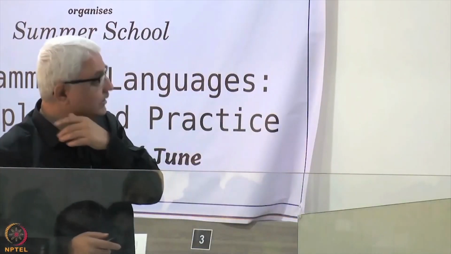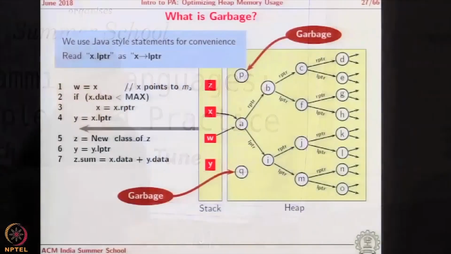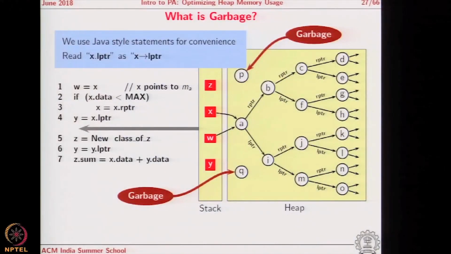Let us look at a concrete example. We are using Java style statements for convenience. We have this program where we have variables on the stack, and this is the heap memory. For simplicity I have not taken stack directed pointers that would appear in C and C++, but this is a simplifying assumption, and does not change anything that we are doing.